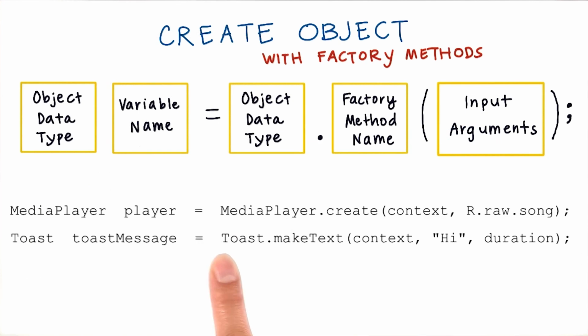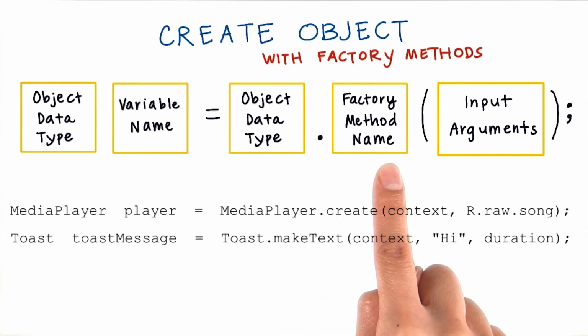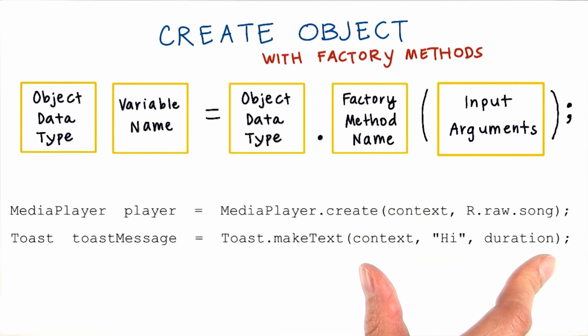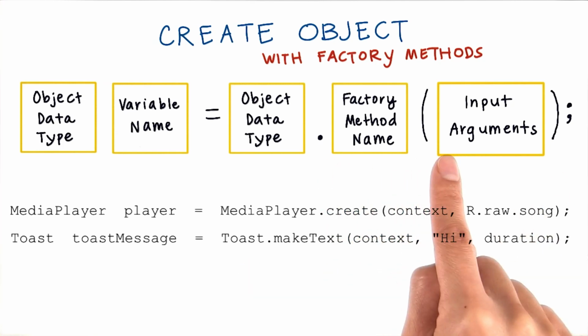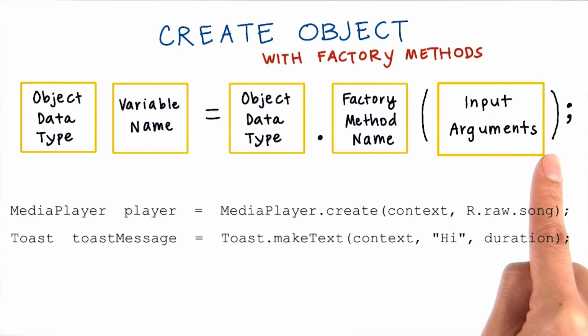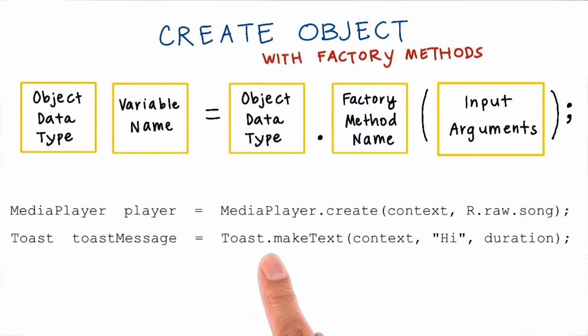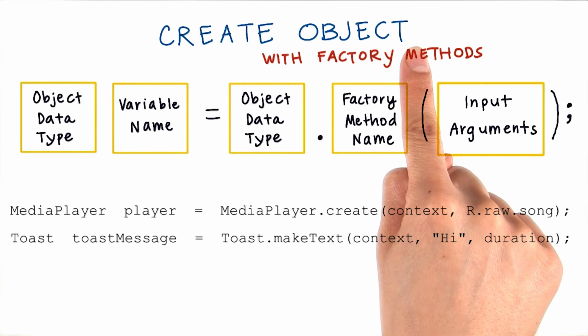So the code starts with Toast with a capital T, because this is the object data type, and then we have a dot, and then makeText, which is the factory method name. And then we pass the input arguments to create this toast. To know what the factory method name is and what the input arguments are, you'd have to check the documentation for the Toast class.